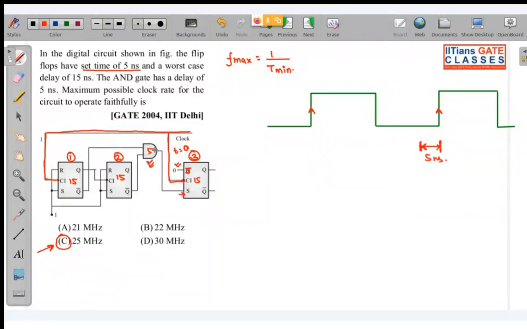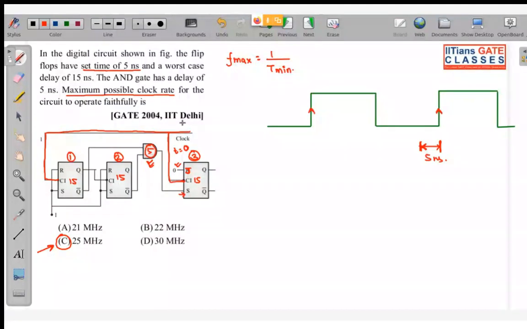So this input we are getting from this AND gate, and here they have asked for the maximum possible clock rate. So in that you are going to consider that all of the flip-flops, AND gate, everything is getting delay, because we will be calculating the worst case.